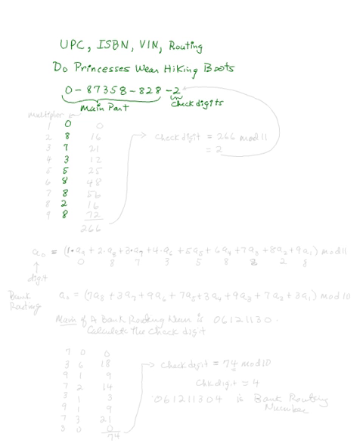Now that's the main part of the number, and next to the main part, what you're going to do is multiply each digit in the main part by a multiplier, and so I'll just copy my multiplier down next. Now for all ISBN numbers, the multiplier will be the same. And then when we switch to UPC codes, it'll have a different set of multipliers, but you'll have the same general form. So for ISBN numbers, the multiplier is particularly easy to remember.